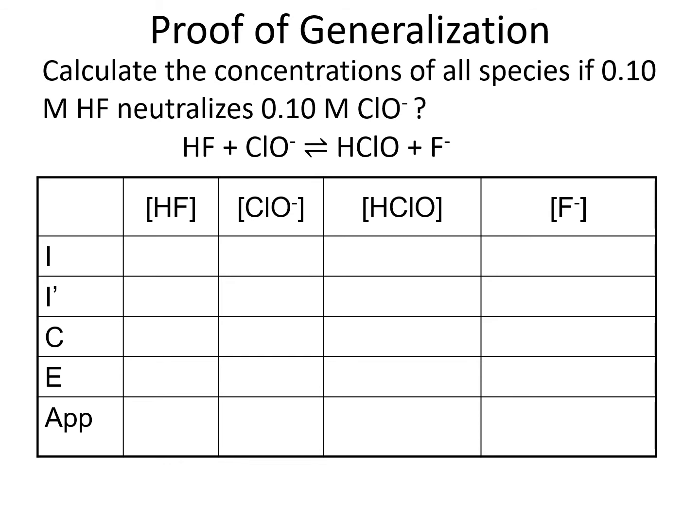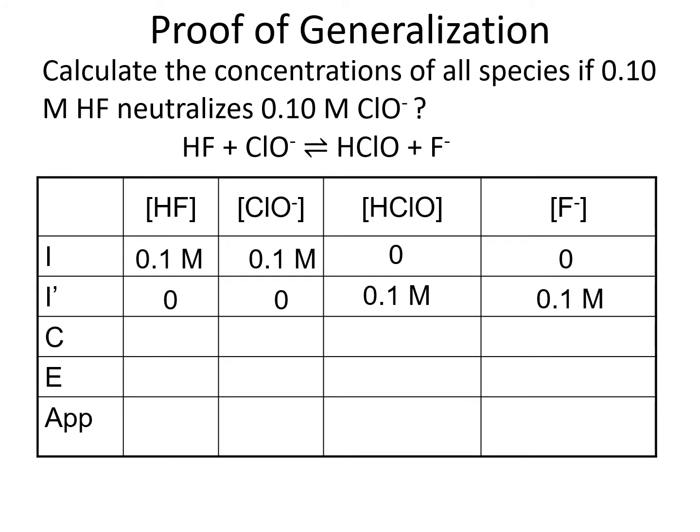But if we're going to say that we can make a generalization here, meaning that we're going to assume completion, we can go ahead and say that if I have these conditions, what really is going to happen is all of them are going to turn to products. So my initial prime will allow me to use my concentrations of my product acid and base.